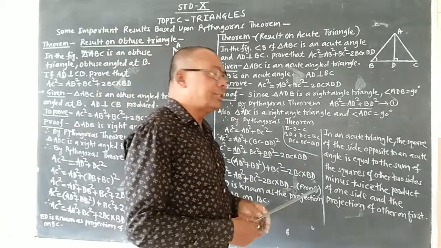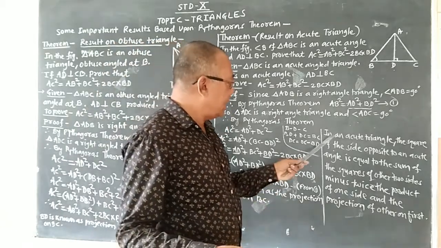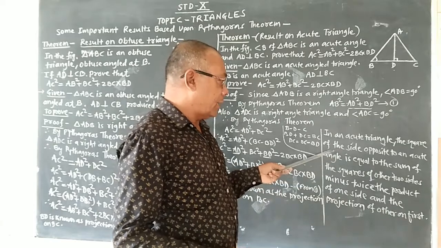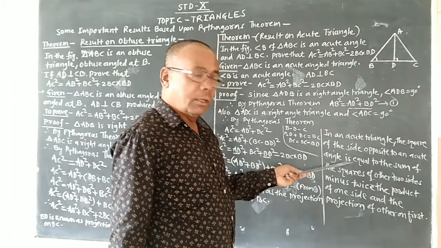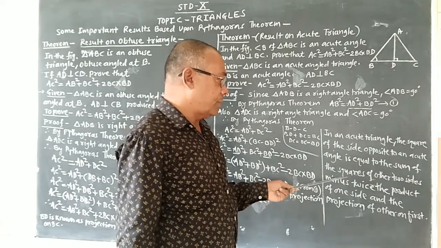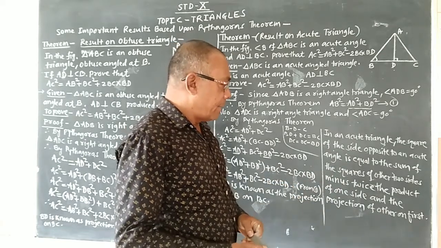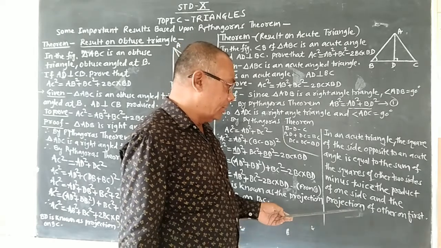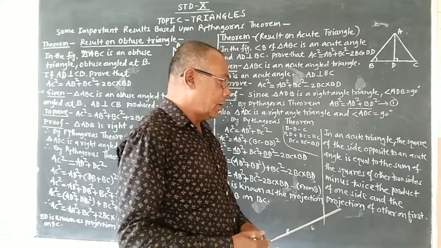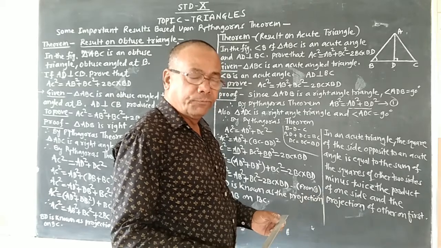So this theorem can be stated in another way: in an acute triangle the square of the side opposite to an acute angle is equal to the sum of the squares of the other two sides minus twice the product of one side and the projection of the other on the first.